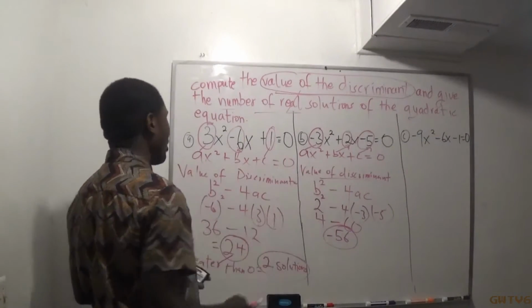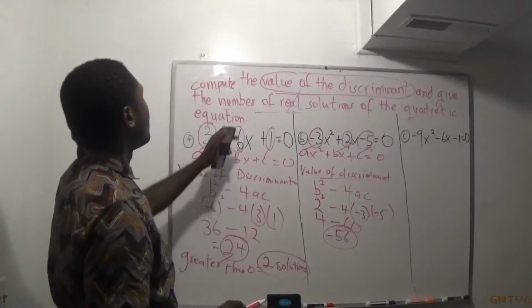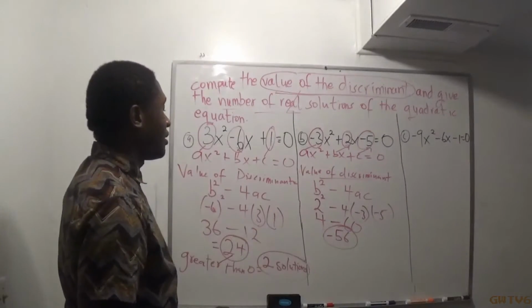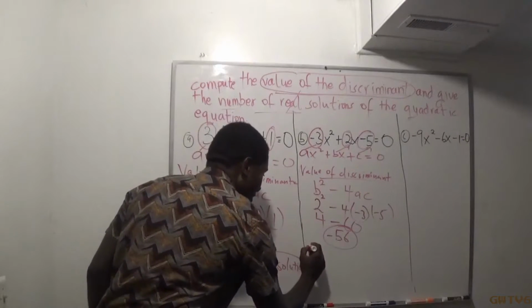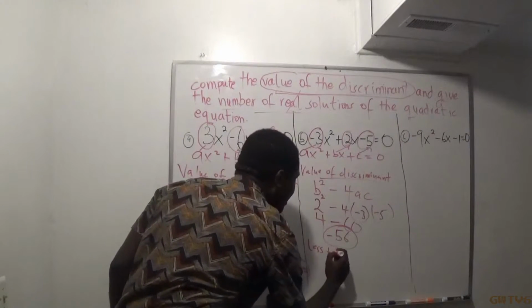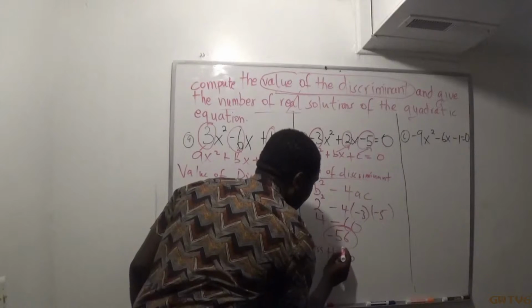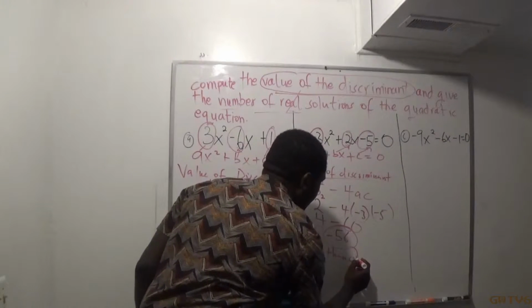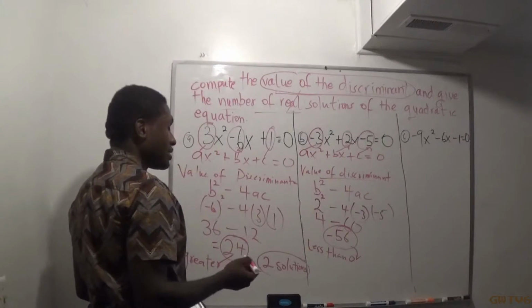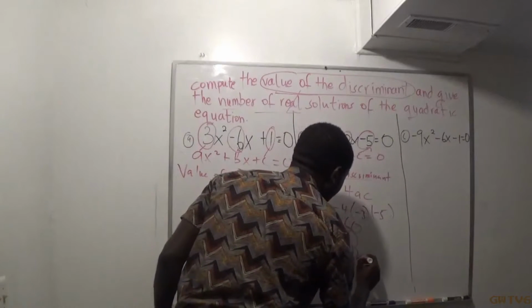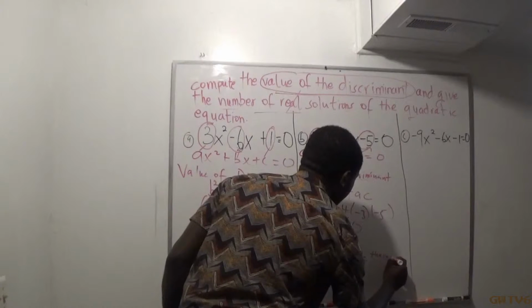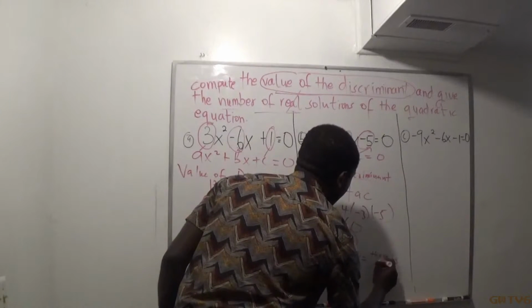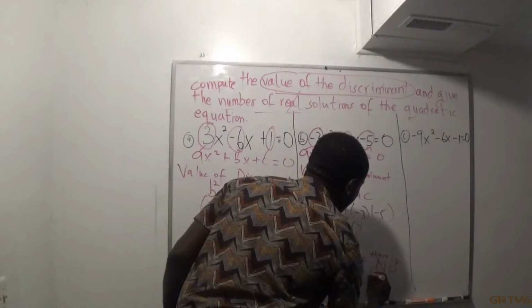That is the first part of the question. Now, what is the number of real solutions? Whenever my answer is less than 0, like in this case, I'm going to say there is no solution.